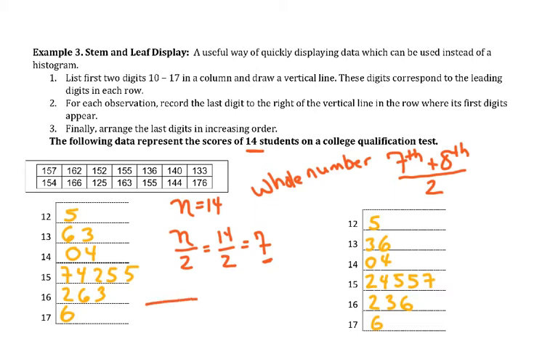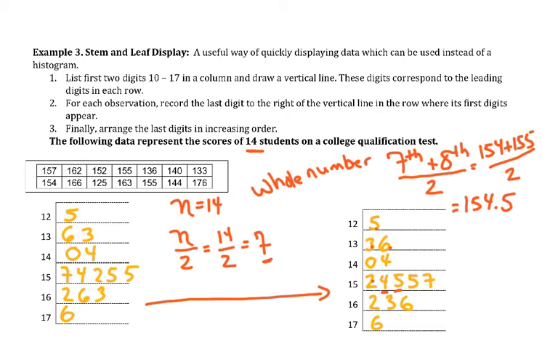And that's why after you get your initial stem and leaf plot, you put everything in order. So now I can quickly find the 7th observation. I just count 1, 2, 3, 4, 5, 6. Here's 7 and here's 8. So this will be 154 plus 155 divided by 2, which is, of course, 154.5.